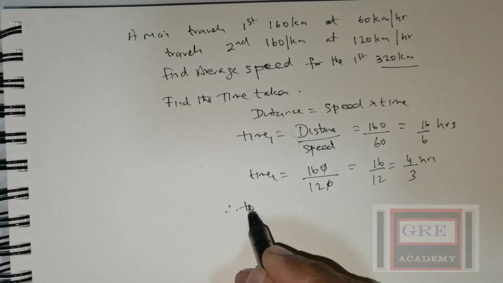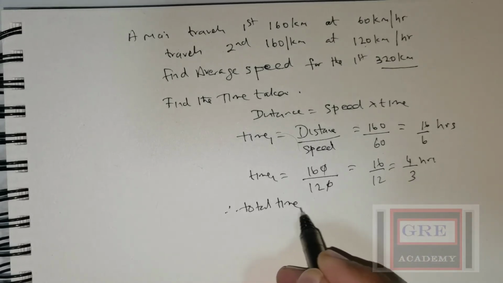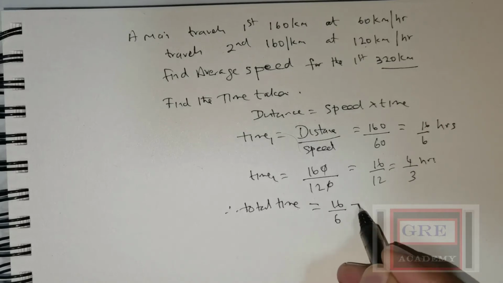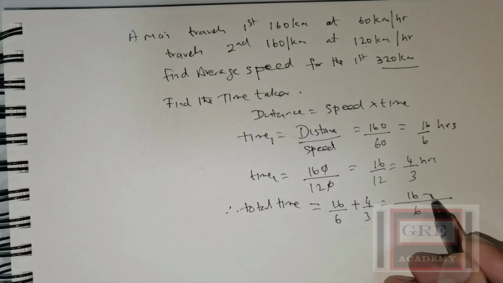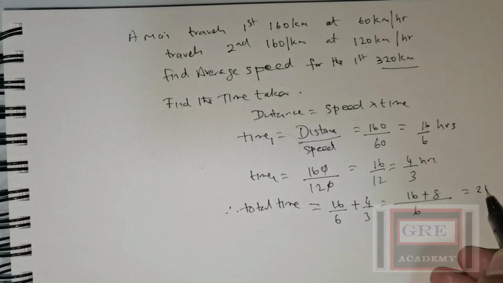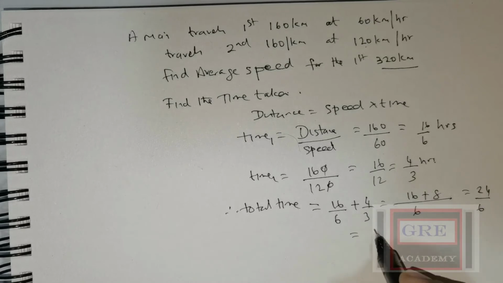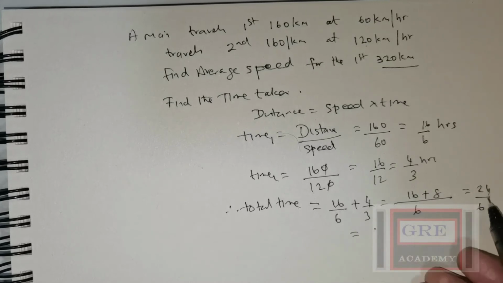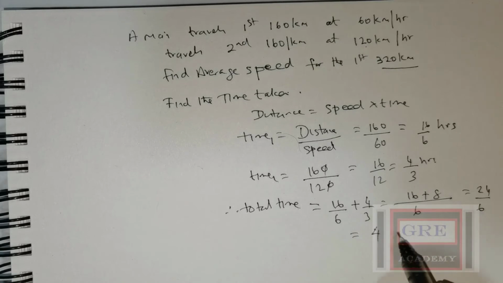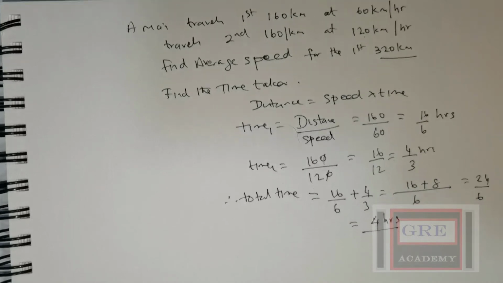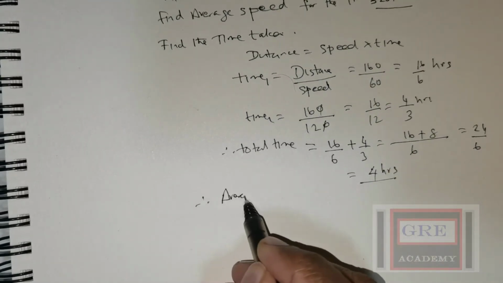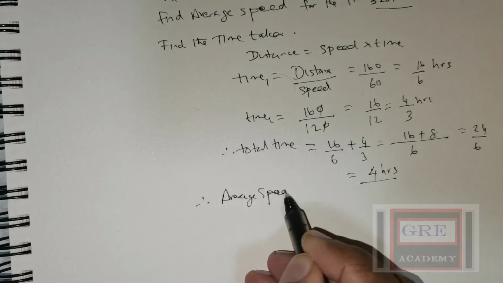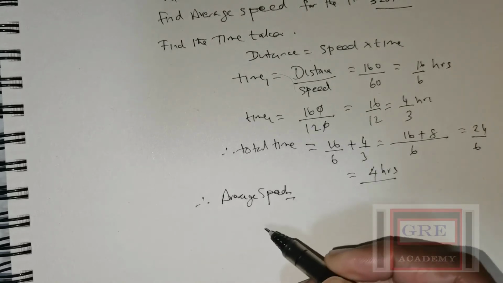So therefore the total time would be 16 over 6 plus 4 over 3. Taking the LCM as 6, we would get 16 plus 8, which is 24 divided by 6, which is 4, right? So 4 hours will be the total time. Now we are asked to obtain the average speed. So average speed will be the total distance divided by time.